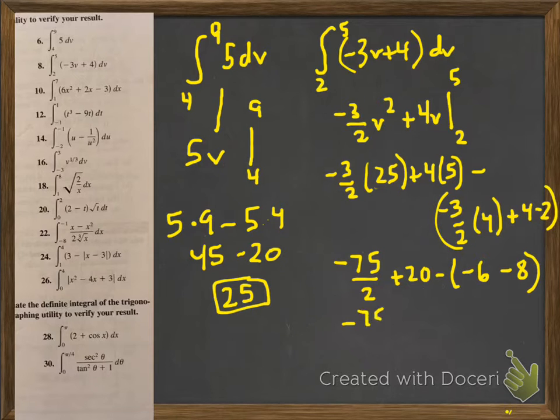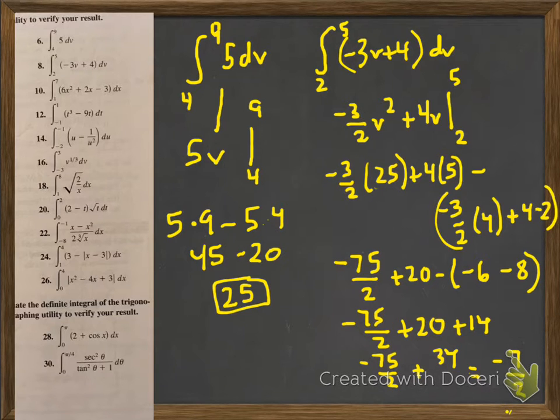So negative 75 over 2 plus 20 plus 14. This is 34. Negative 75 halves plus 34. 34 is 68 halves. So negative 75 plus 68, negative 7 halves.